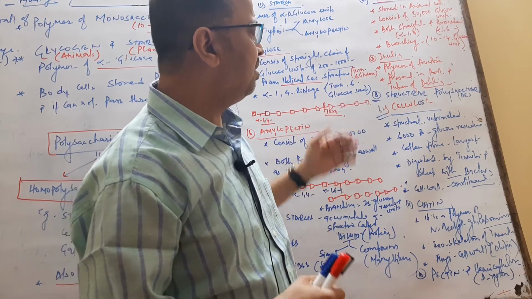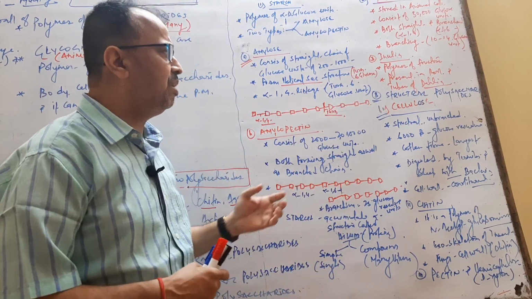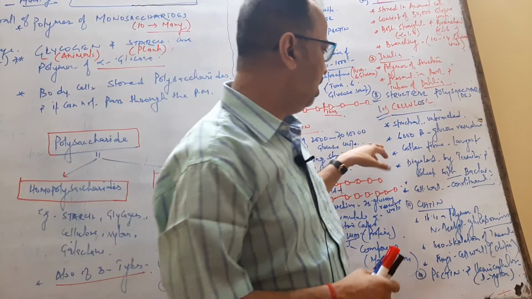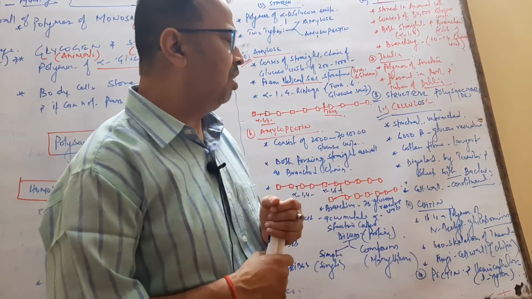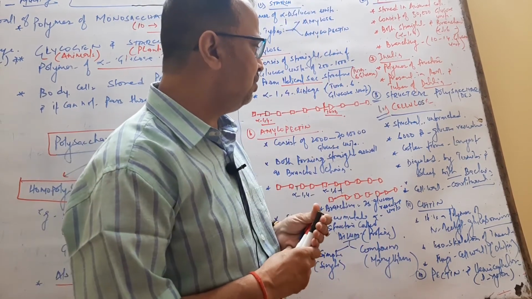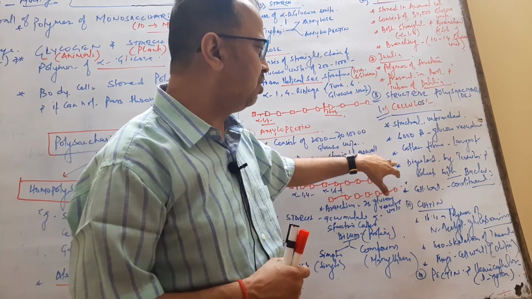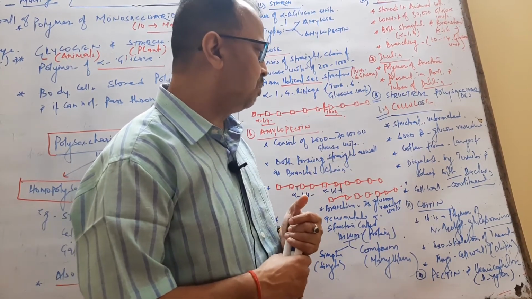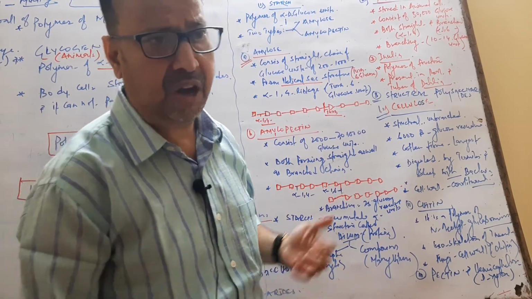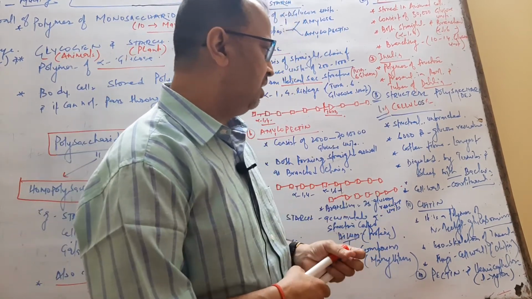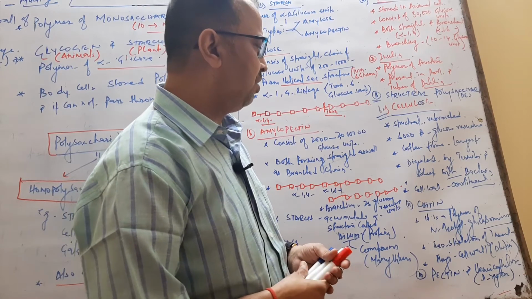Now another group, the structural polysaccharides. The main structural polysaccharide is cellulose, which contains 6,000 beta glucose residues. The largest amount of cellulose is present in cotton fiber, it is digested by termites with the help of harboring bacteria, and it is the main constituent of cell walls.